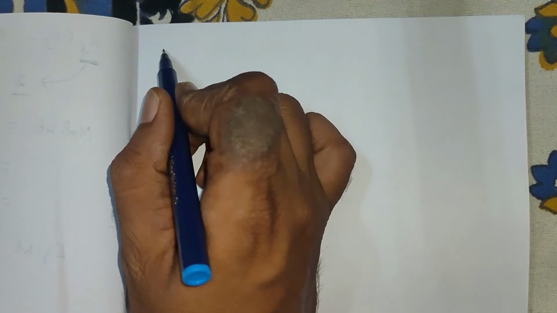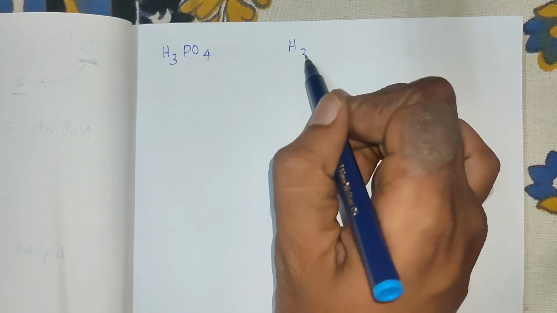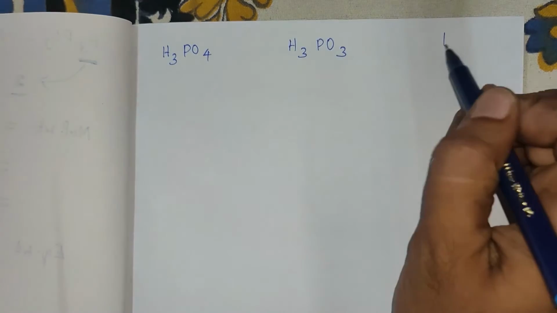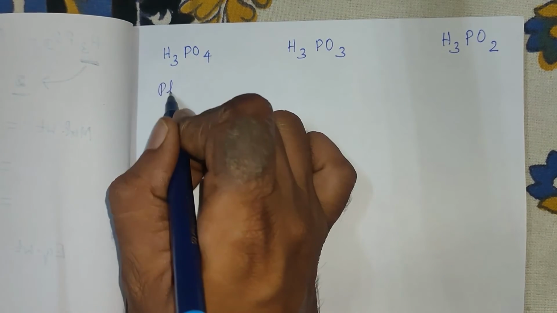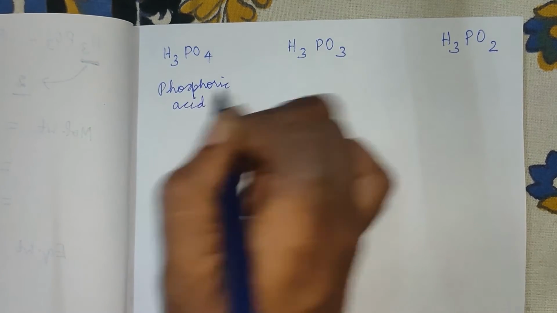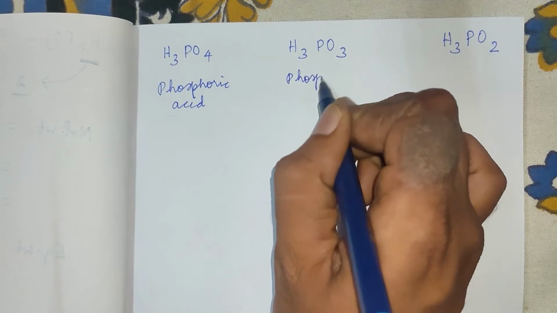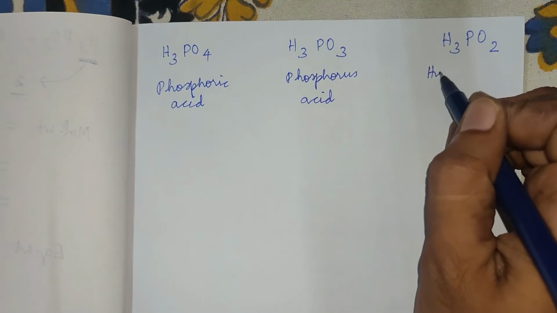Now I am going to give the reason for the difference in the number of hydrogen and basicity. We had 3 acids here, H3PO4, H3PO3 and H3PO2, and their names are phosphoric acid, phosphorous acid, and finally hypophosphorous acid.